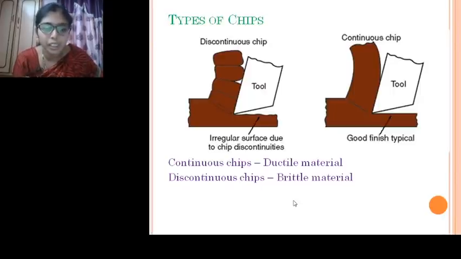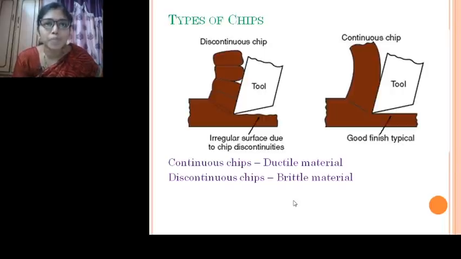Whereas discontinuous chips are observed while machining a brittle material. For example, all of you must have done the workshop. You have machined a mild steel rod. While machining that mild steel rod, you might have observed the chips which have come out. Those chips are very long, right?